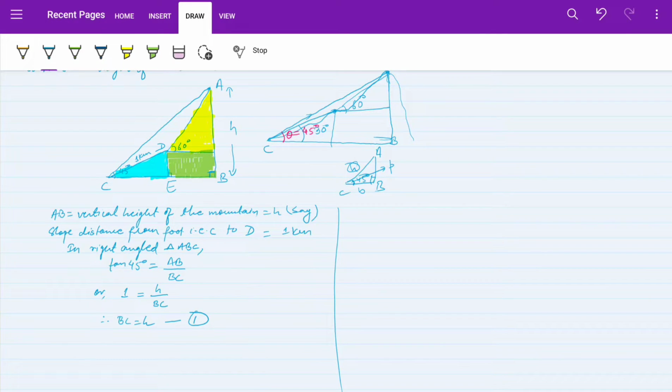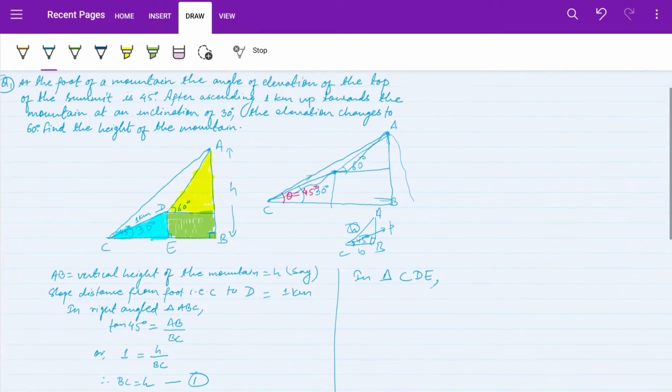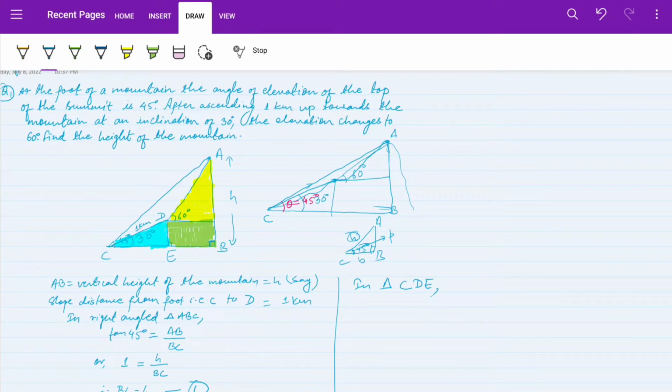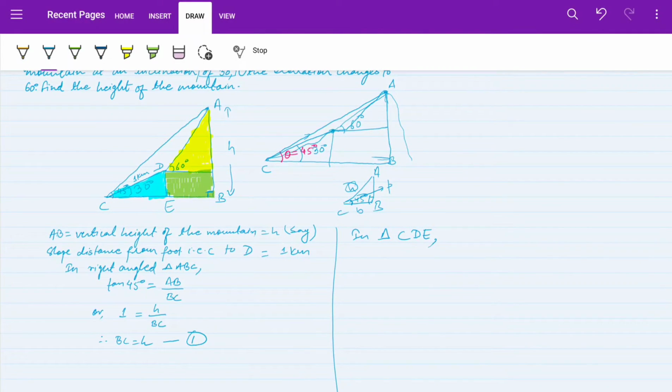So in triangle CDE, this is a right angle triangle. This angle is 30 degrees because the question is saying the inclination of 30 degrees. We have CD, the side opposite to 90 degrees, 1 kilometer, so the hypotenuse is known, and we need CE here.